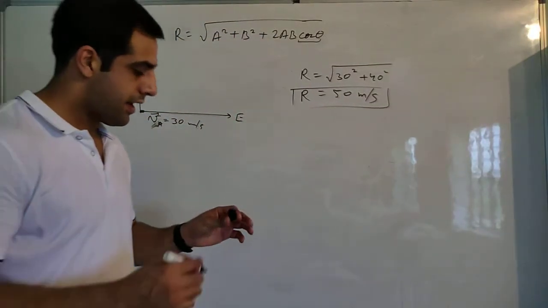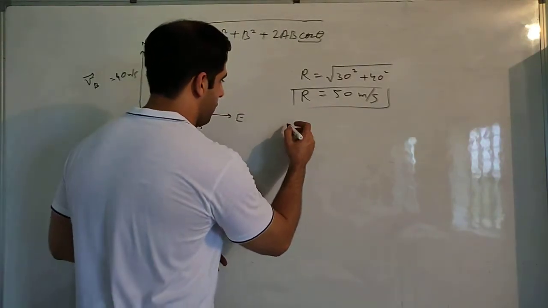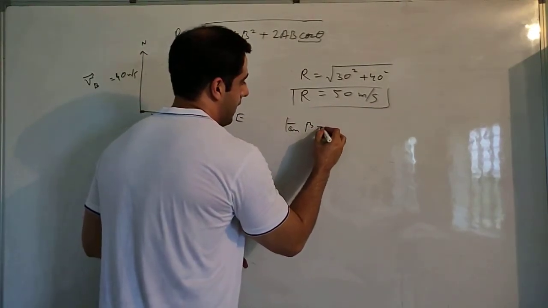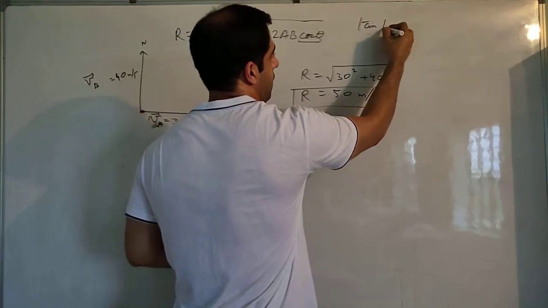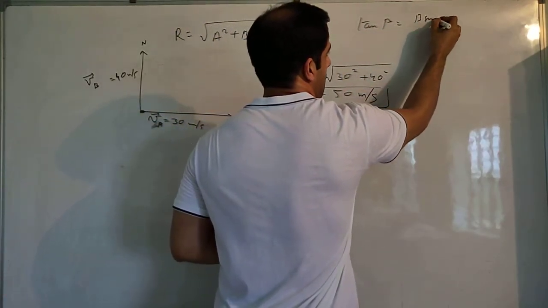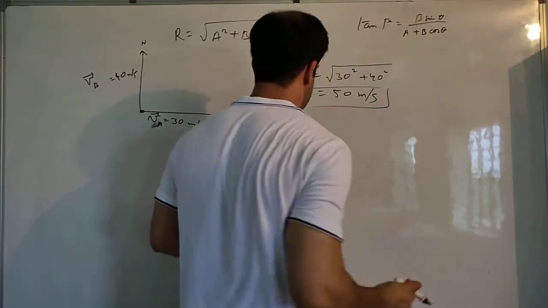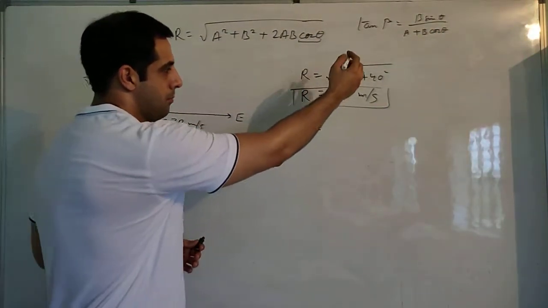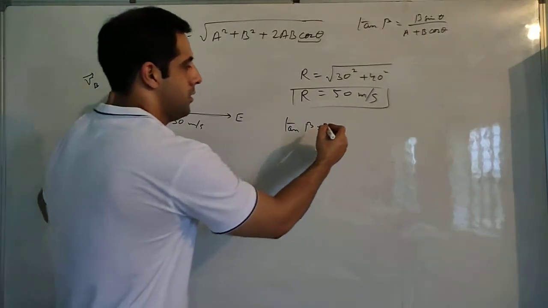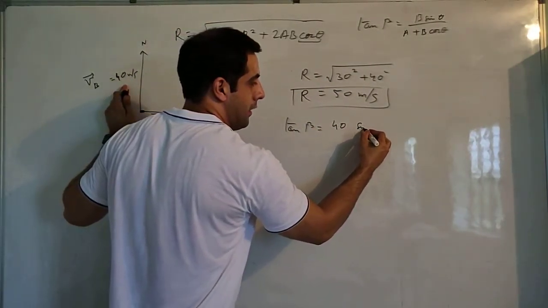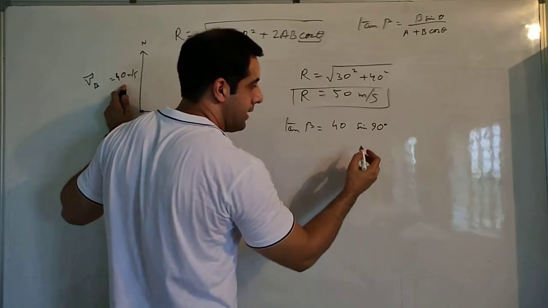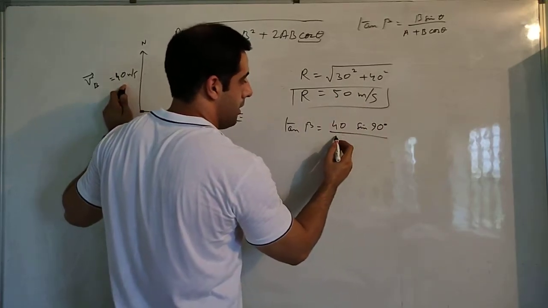Now what is left? Direction of the resultant. What will be the formula? We did tan beta. What was the formula of tan beta? B sin theta upon A plus B cos theta. So tan beta, B is 40, so 40 sin 90 degrees, theta is 90.